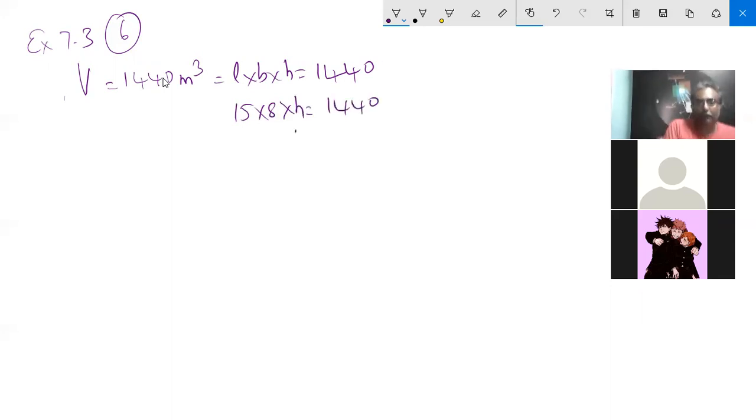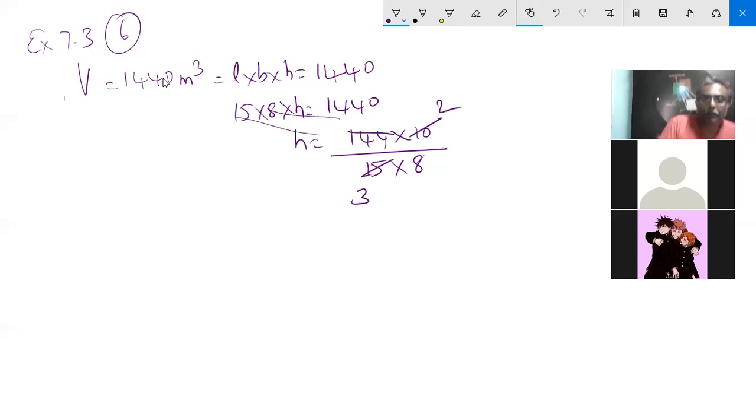Height is equal to 144 into 10 divided by 15 into 8. 10 divided by 5 is 2, 144 divided by 3 is 48, 2 divided by 8 becomes 4, and 48 divided by 4 is 12.